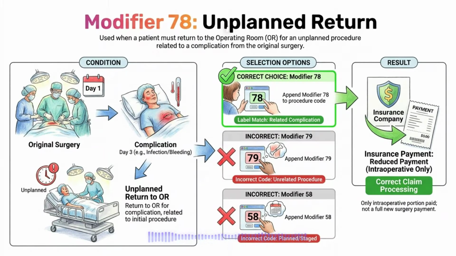This modifier indicates that the return trip is related to the first surgery and is not a brand new problem. It is important to note that using Modifier 78 will usually result in a reduced payment from the insurance company, because they are only paying for the intraoperative portion of the return trip.